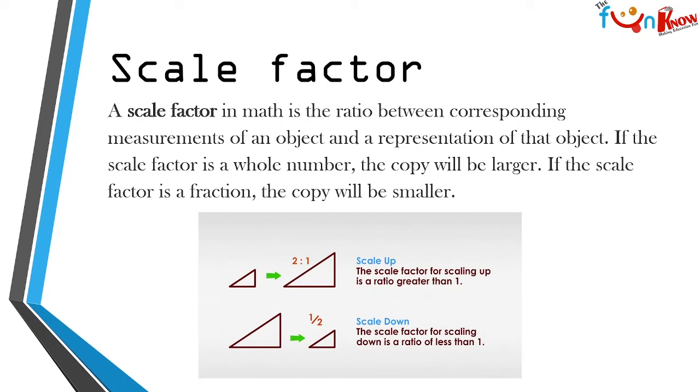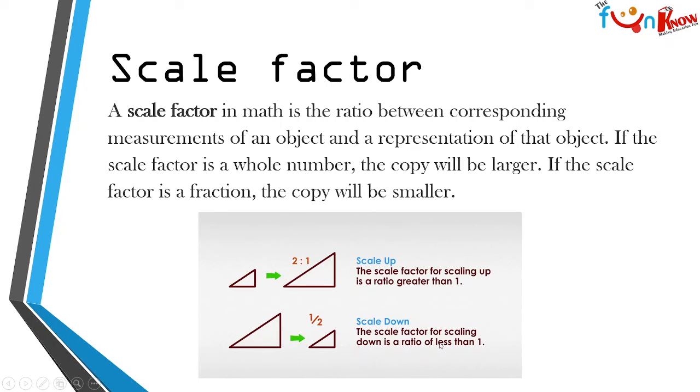As you can see here, students, scale factor and writing. If you see scale up, that means the scale factor is scaling up by a ratio greater than 1. If this much is the actual quantity and I write 2 ratio 1, then this will be the output. If I say half, that is 1:2 or 1 divided by 2, that means half.